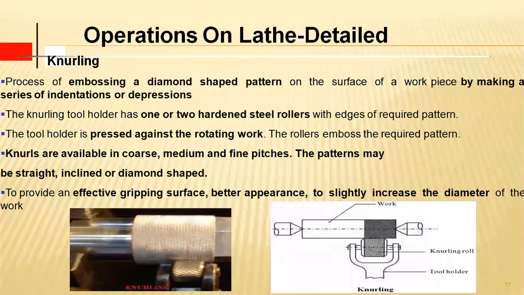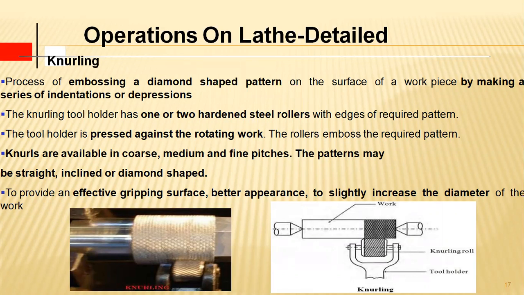Basically, this is obtained with one or two hardened steel rollers, where the tool holder is pressed against the rotating work part to get the embossing activity, as the impression needs to be made over the work part.